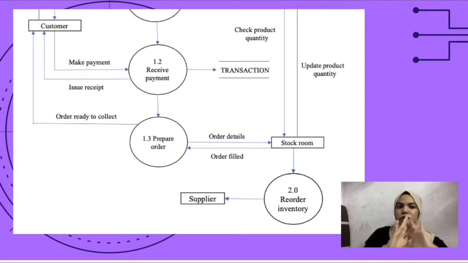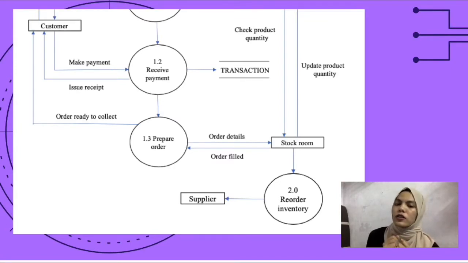Then the stockroom will prepare the order in 1.3, by looking at the order details by the customer, and when the order is filled, it will be sent to the counter, ready to be collected by the customer.